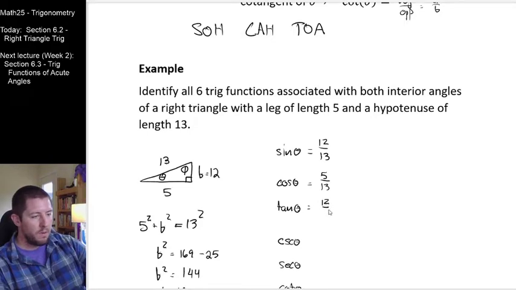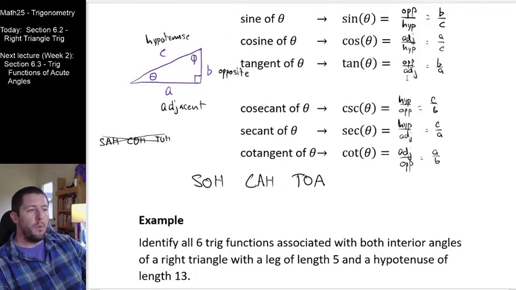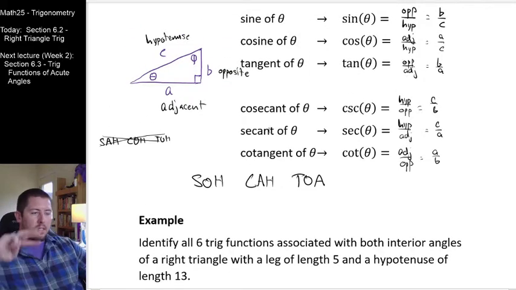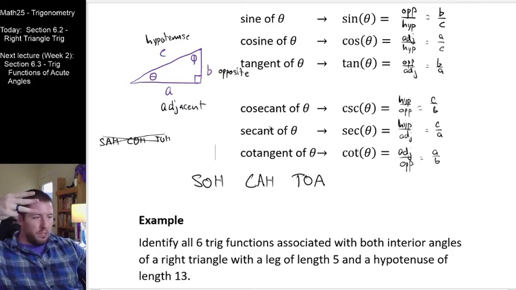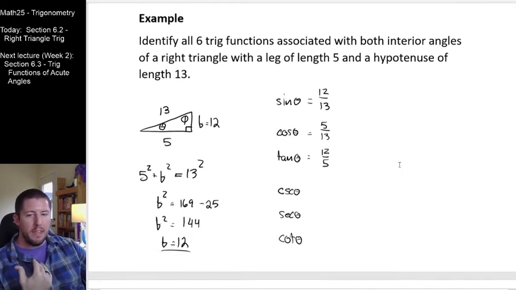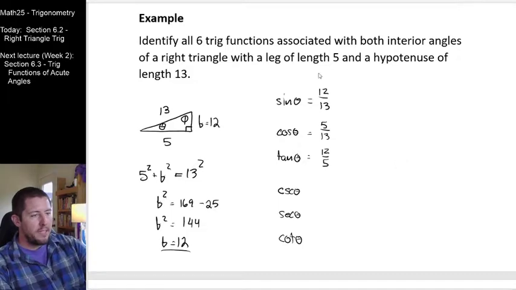So 12 over 5. Now, the other thing that we saw over here is that when we defined these 6 functions, the second grouping of 3 are just the flipped reciprocal of the first grouping of 3. Instead of being opposite over adjacent, it's adjacent over opposite. So all we have to do to find the other 3 is just flip the first 3. I'm remembering that sine doesn't have a co in front of it, so it is the reciprocal of the one that does have the co, cosecant right there.